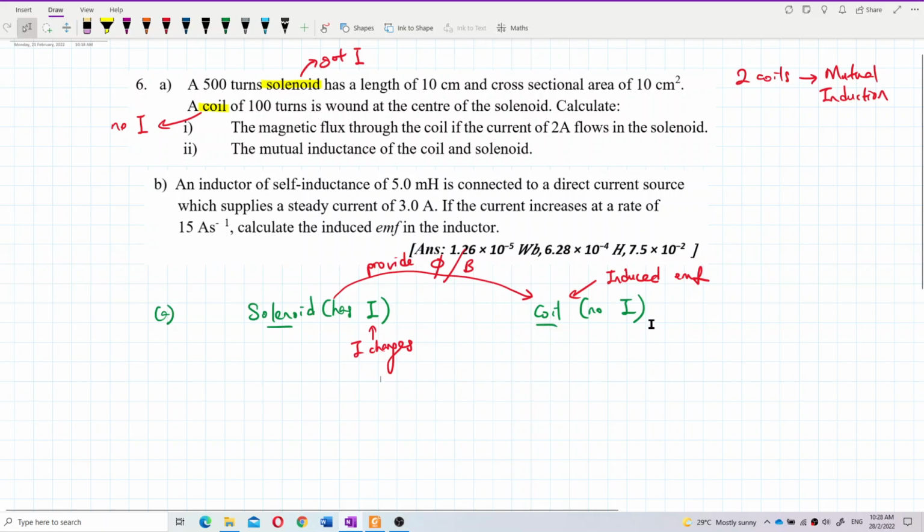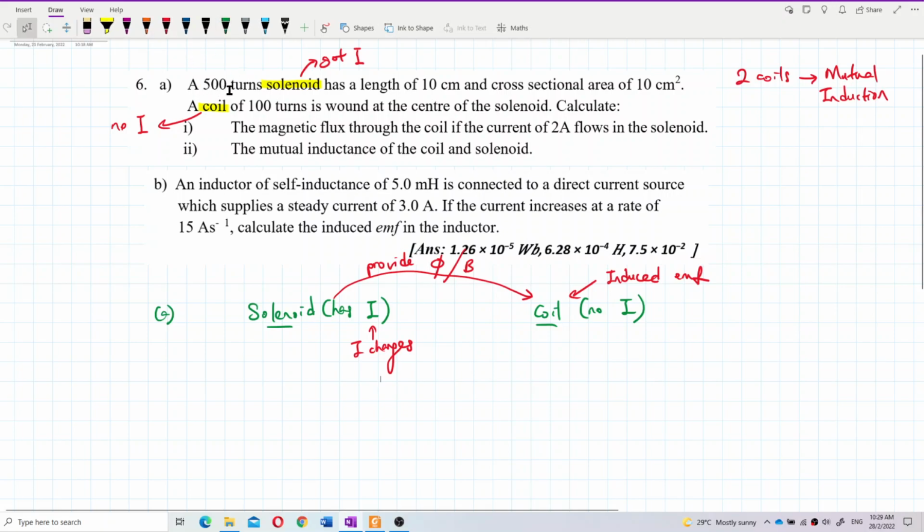Understand? That's how it happens. Because this is about mutual induction, a change of current in the solenoid will induce EMF in the neighboring coil. All right, so let's write down the information we have.